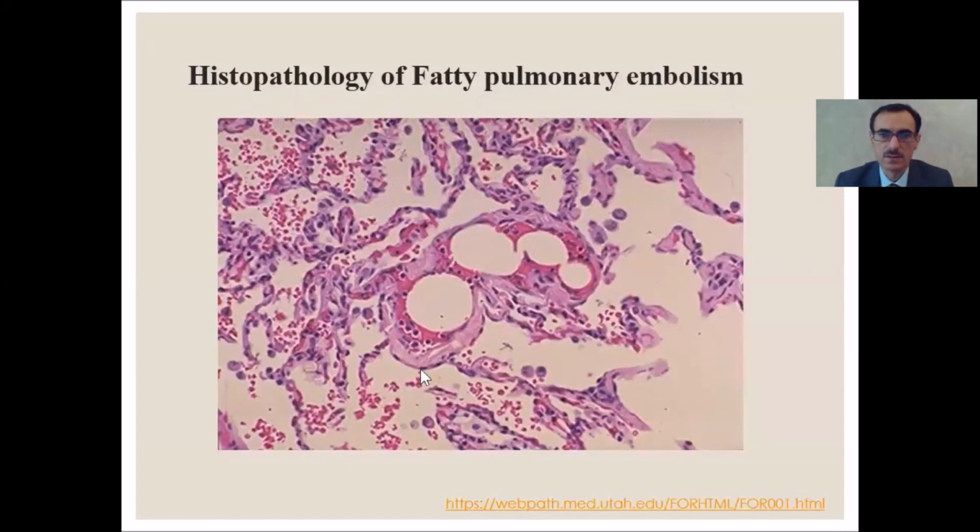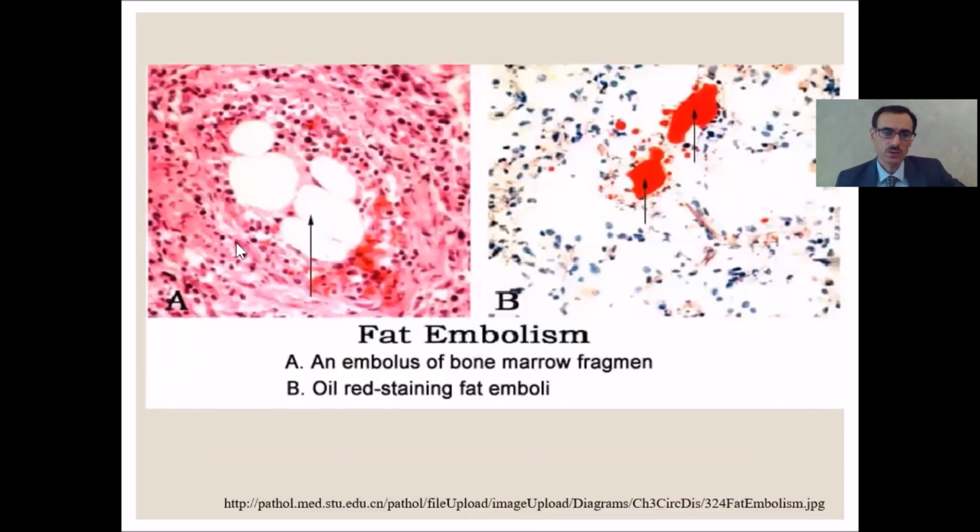This is a biopsy taken from the lungs, and here we see 1, 2, 3, 4 fatty droplets inside the lung arteries. Here we also see fatty embolism inside bone marrow fragments, and you remember that when we use oil red staining, we can find the fat emboli.